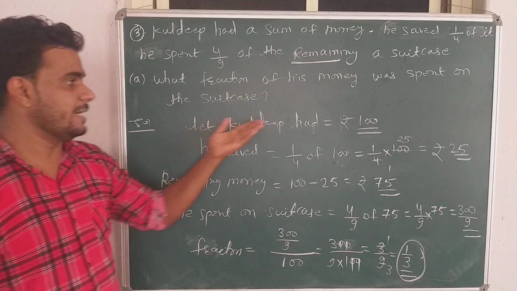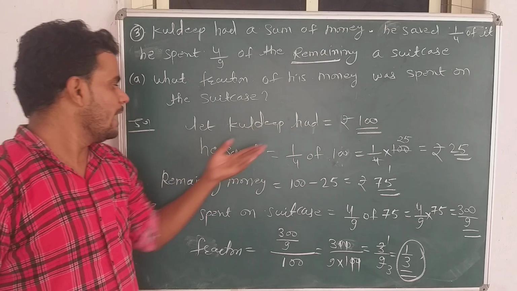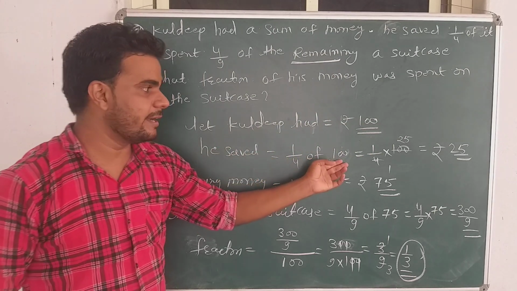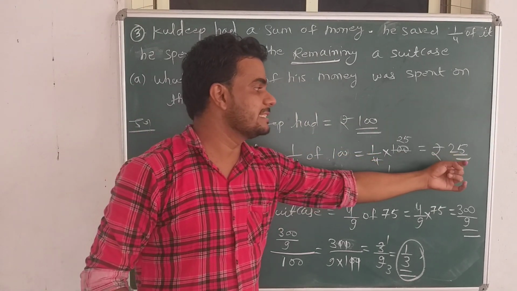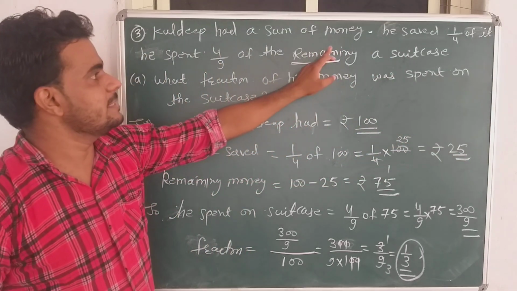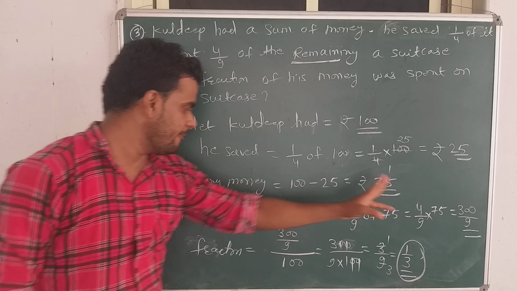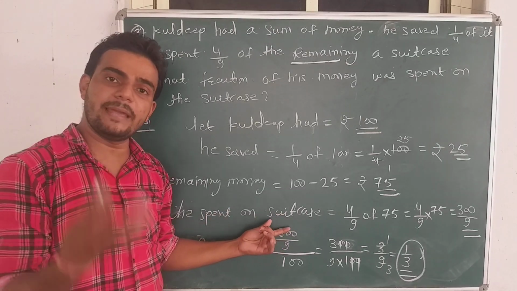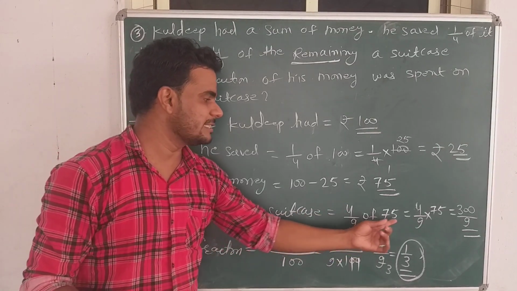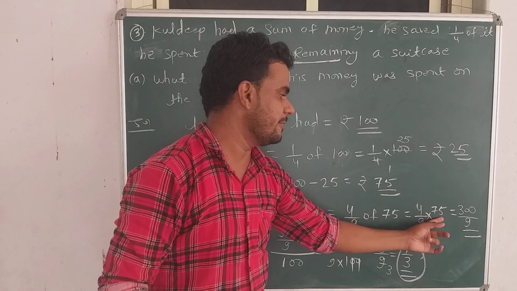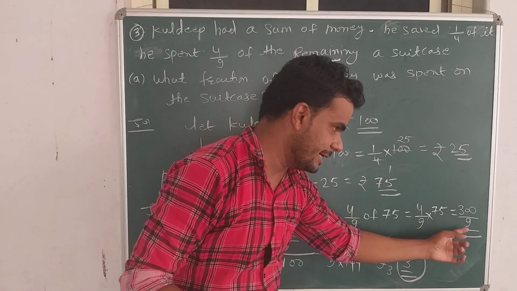Okay, first we will let the money Kuldeep had 100 rupees. Afterwards he saved 1 by 4 of 100. 1 by 4 multiply 100 means he saved 25. And the remaining money is 100 minus 25, then 75, and he spent on suitcase from the remaining money 4 by 9 of 75. 4 by 9 multiply 75, then he spent on suitcase 300 by 9.